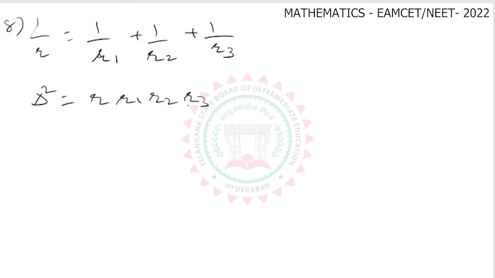right? So at least we must be perfect in these formulae, right? And delta square is equal to r r1 r2 r3.